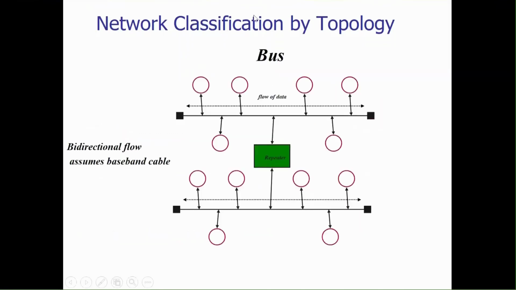In the bus, if, for example, this computer stopped working, would the bus be affected? Can these guys continue to work? It's fine. If this stops working, everybody else will continue working. No big deal. We're not depending on one of them.